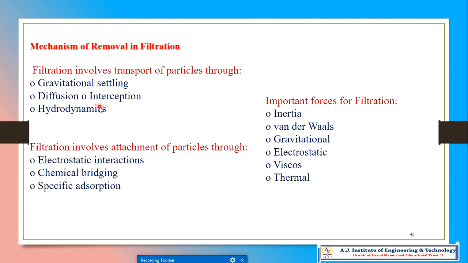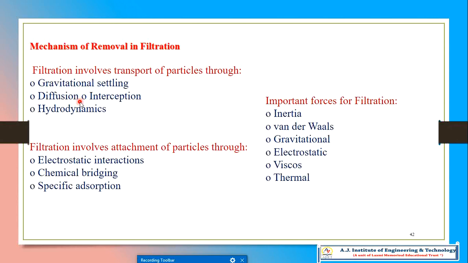Diffusion means the particle diffuses from one particle to another. First gravitational settling, then diffusion of the media as well as the particle. Then when interception happens between the particle and media, hydrodynamics takes place.